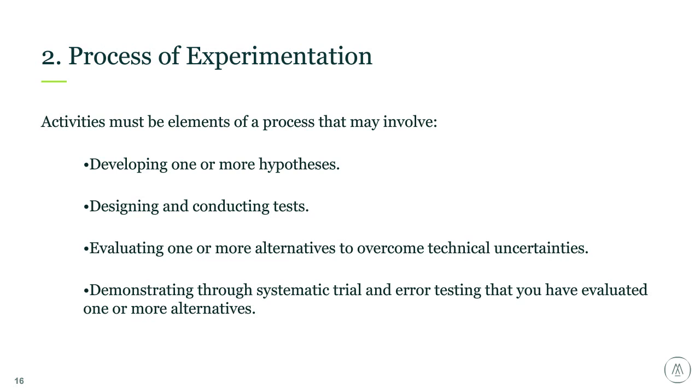So there's one or more hypotheses in the beginning, and then you're conducting some sort of tests, or maybe you're doing some modeling on the computer, mathematical calculations, to try and eliminate that upfront uncertainty. And maybe that uncertainty was eliminated before you go out in the field, but maybe it wasn't, and there's still some uncertainty in the actual installation of whatever you're building.